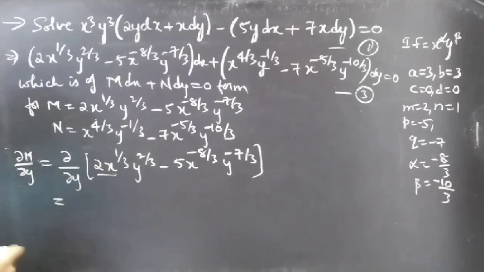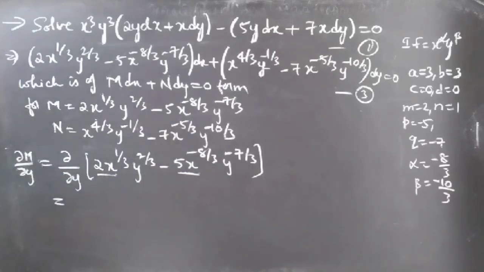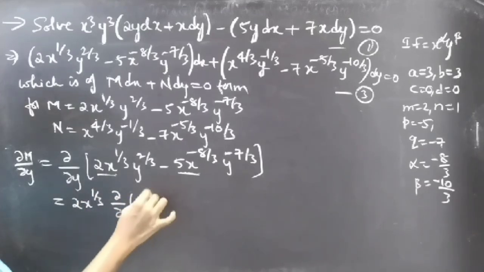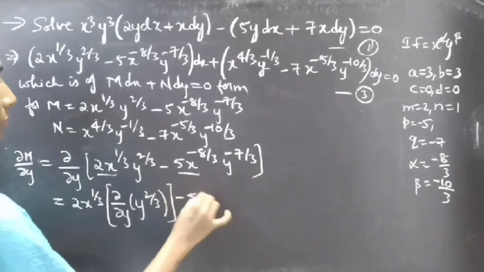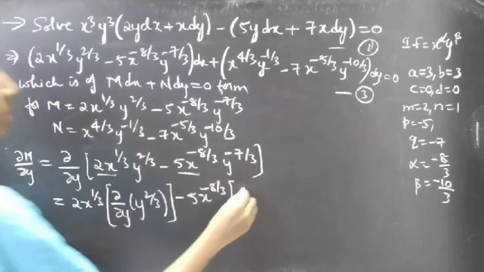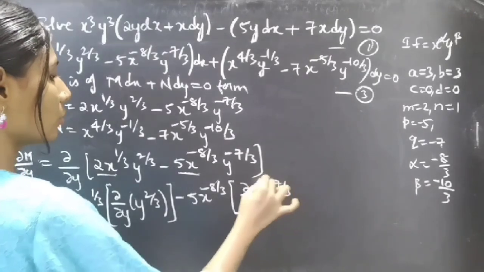In the first term 2x power 1 by 3 is constant. In the second term minus 5 x power minus 8 by 3 is treated as constant. So we can write it as 2x power 1 by 3 into partial derivative of y power 2 by 3 with respect to y, minus constant 5x power minus 8 by 3 into partial derivative of y power minus 7 by 3 with respect to y.